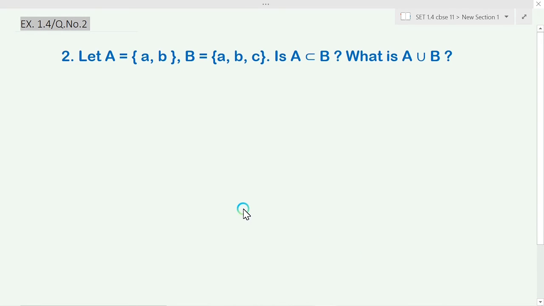Now question number 2, let A equals to {a, b} and B equals to {a, b, c}. Is A a subset of B? What is A union B?